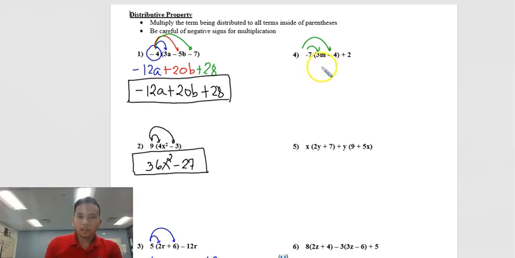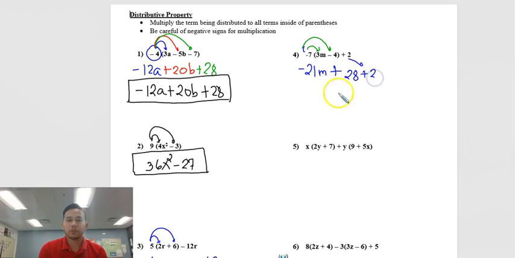So negative 7 times 3m gives negative 21m. Then negative 7 times negative 4, both are negative, so it will become positive. 7 times 4 is 28. And then you copy positive, so plus 2.